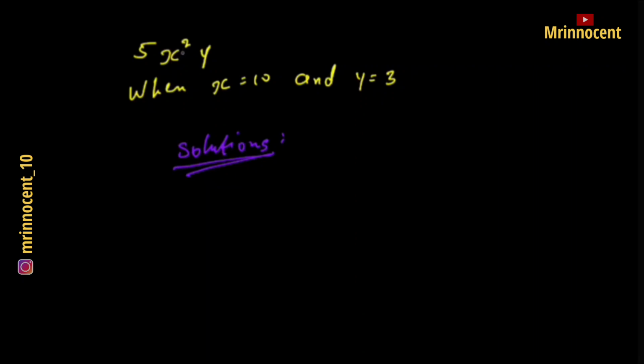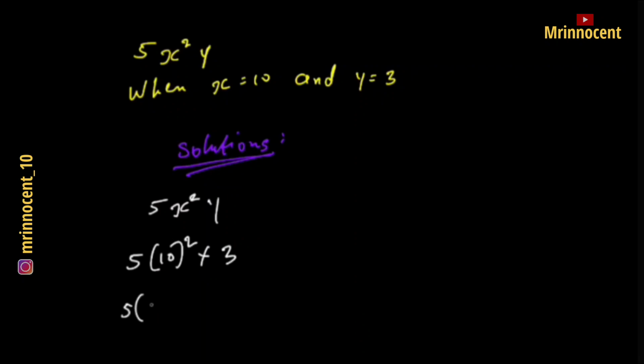5x²y when x equals 10 and y equals 3. Solution. So you have 5x²y. x is 10², times y is 3.